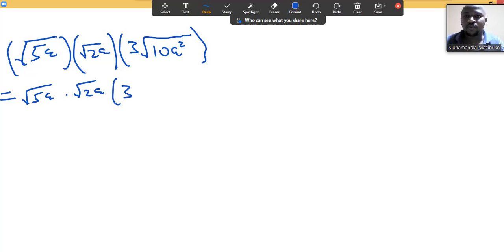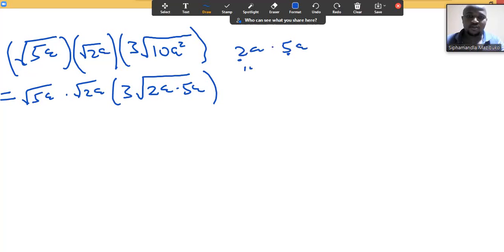From this square root, we can say 2a multiplied by 5a. 2a multiplied by 5a is the same as 10a squared, right? Because you multiply 2 and 5 to get 10, and the bases are the same, so we add the exponents, 1 plus 1, hence we'll have 10a squared.